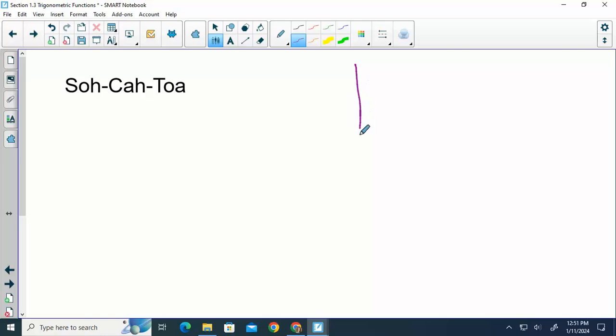So if we think about a triangle, from the picture we already drew, if you have an angle in standard position, this is our angle. This was my horizontal measurement, which is x, my vertical measurement, which is y. This is r. But we could also label those using the words opposite, adjacent, and hypotenuse. So r is the hypotenuse.